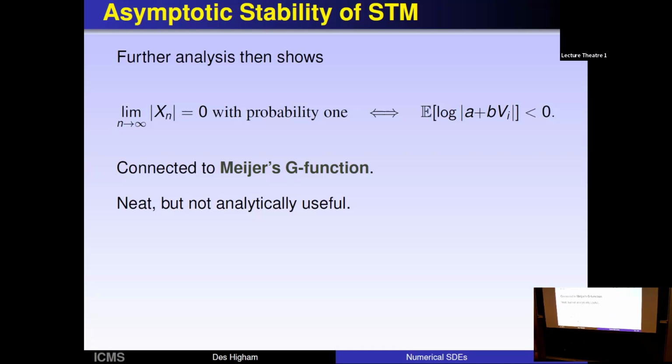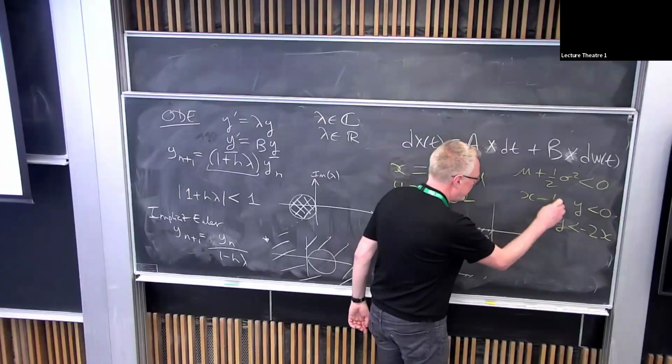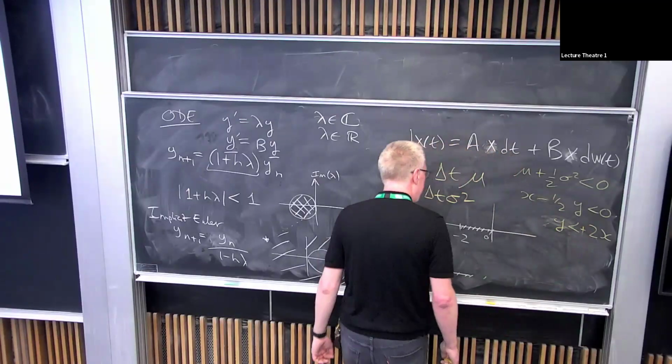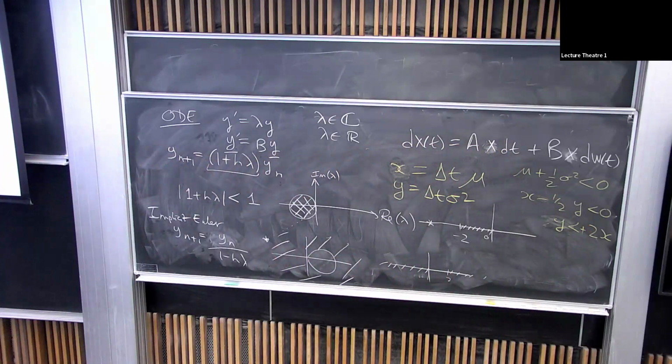Okay, so in the theta equals 1 case, remember we have a minus sign here, so we have a plus sign there for asymptotic stability. So asymptotic stability happens when y is above 2x. Remember, x involves the drift, y involves the diffusion.